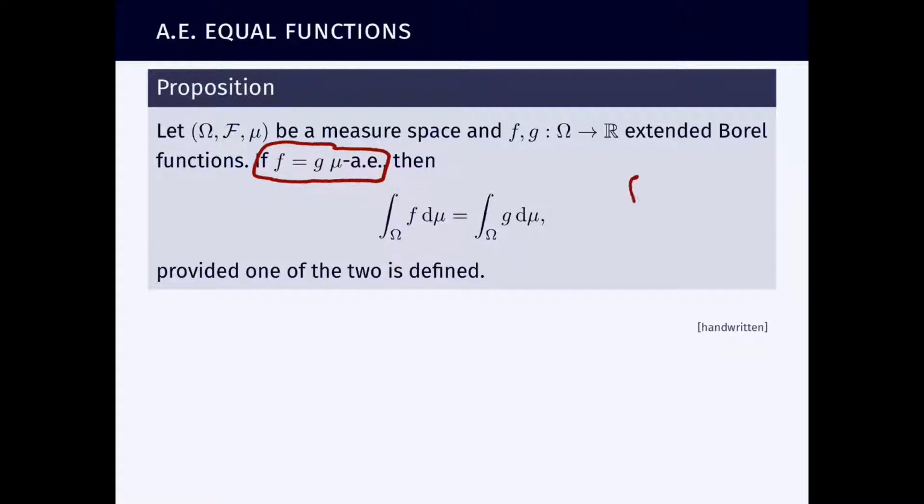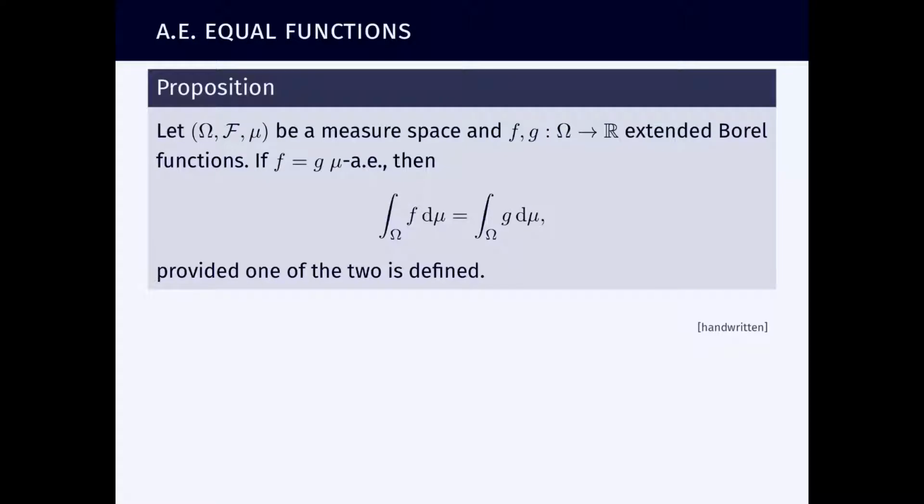It means the set of points omega where f is different from g has measure 0. This is what it means for two functions to be equal almost everywhere. So it's everywhere except on a set of measure 0.